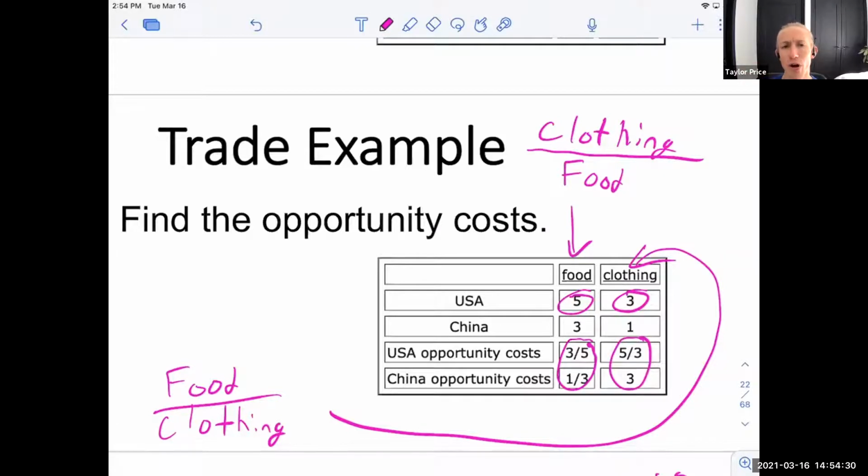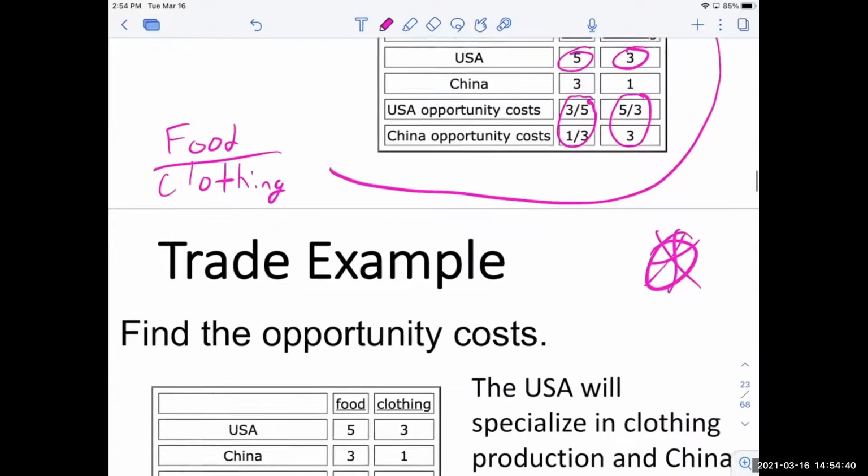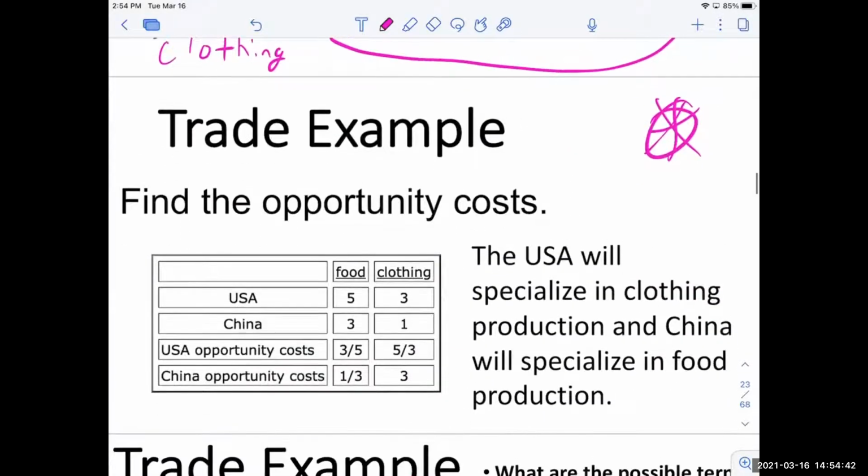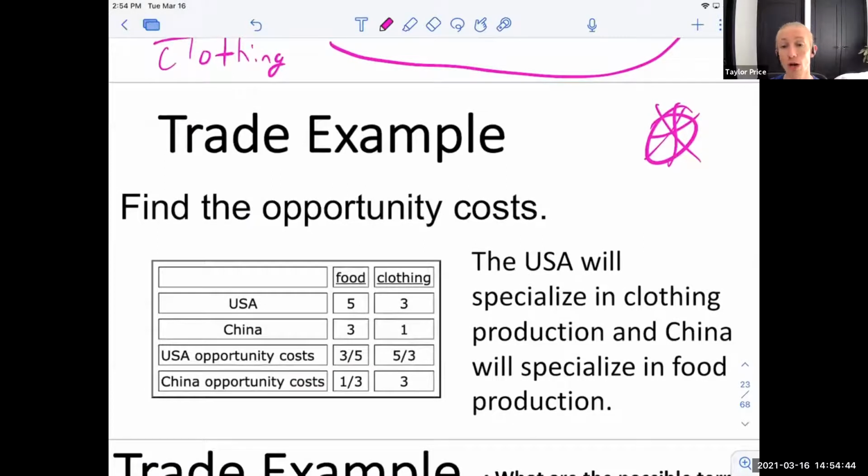Because you're basically trying to determine with opportunity cost who has the lowest opportunity cost for that specific good. And so if we move to the next example, we can actually see who is going to specialize in what type of good production.